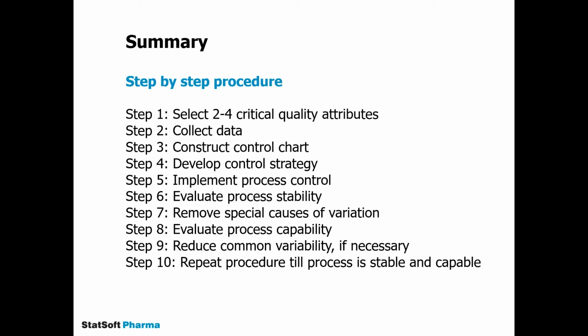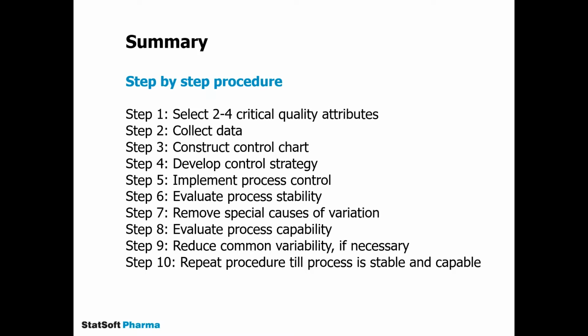batches. Step number 4, develop control strategy, a methodology for how to handle an out of control event. Step number 5, implement control charts in routine daily work to evaluate each batch with respect to control limits.